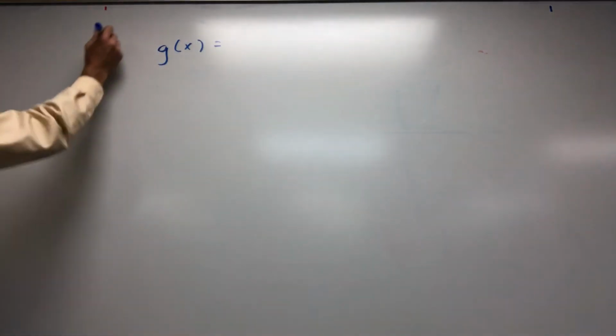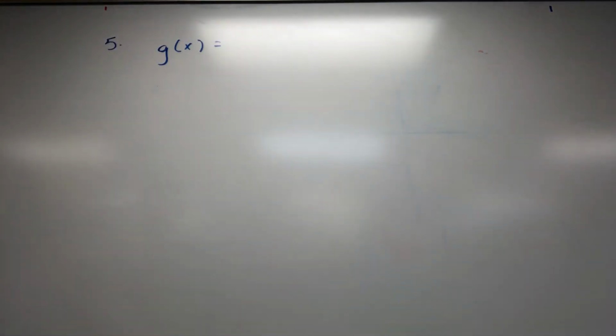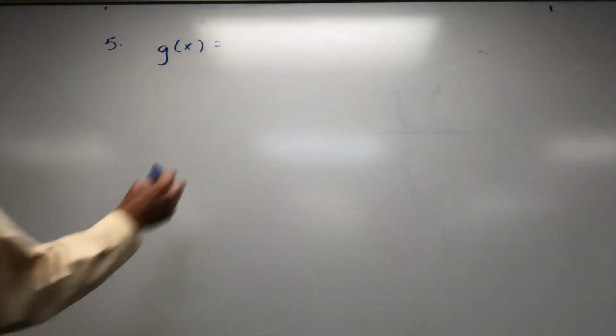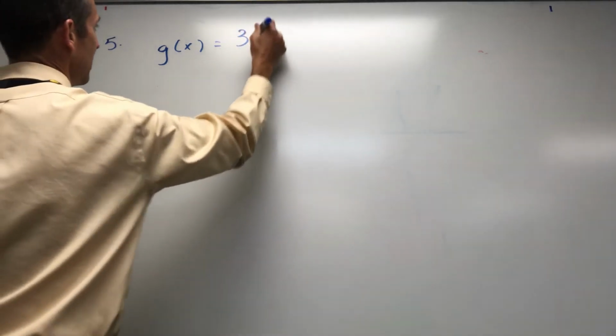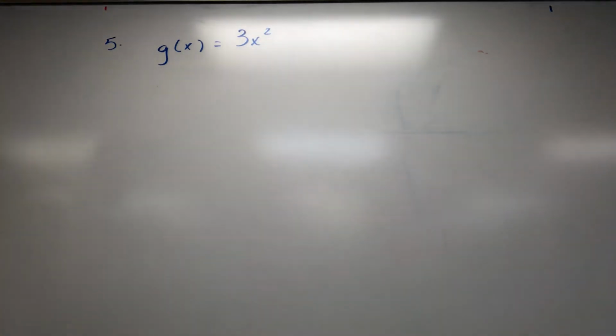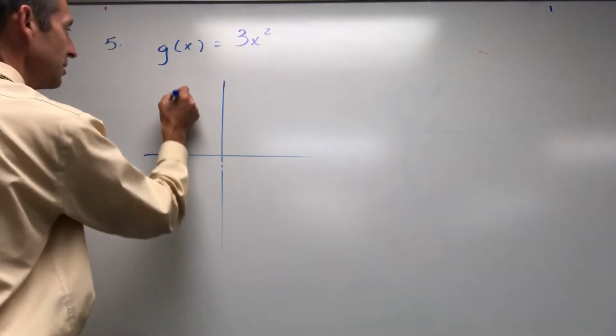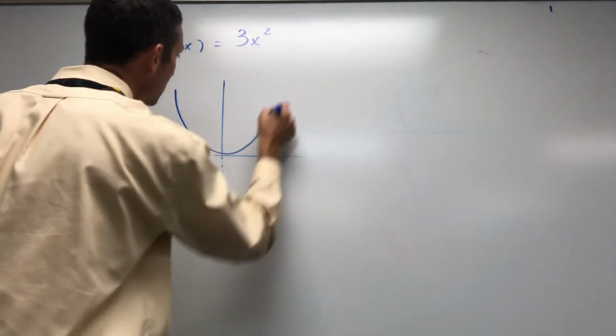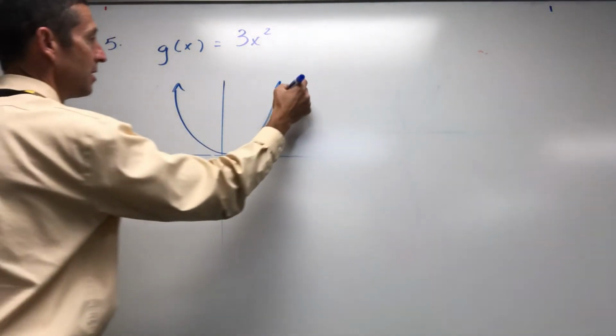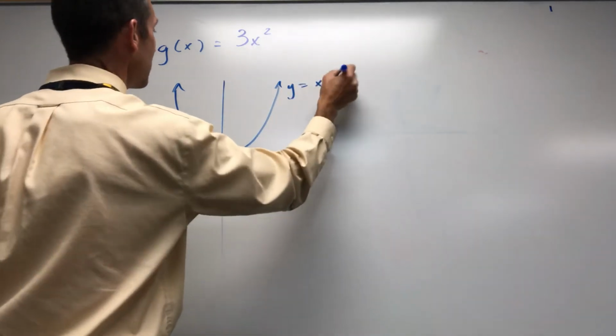All right, let's do number 5. Let's throw another function up there. Let's do a stretch this time. How about 3x squared? Okay, so we see the x squared. We're pretty good at the parent function. So that's just y equals x squared.